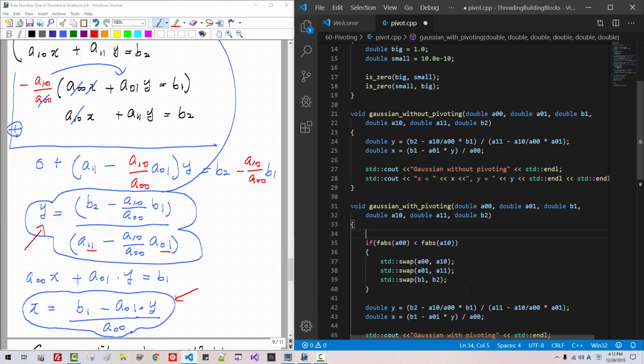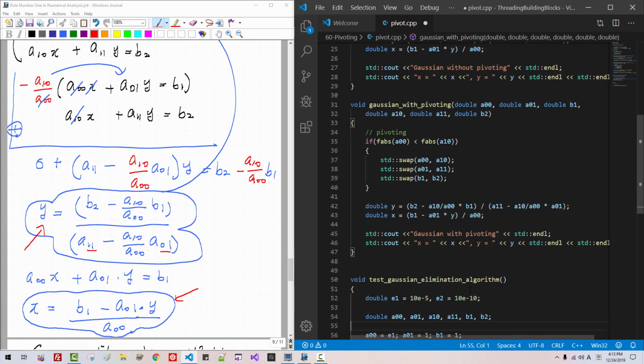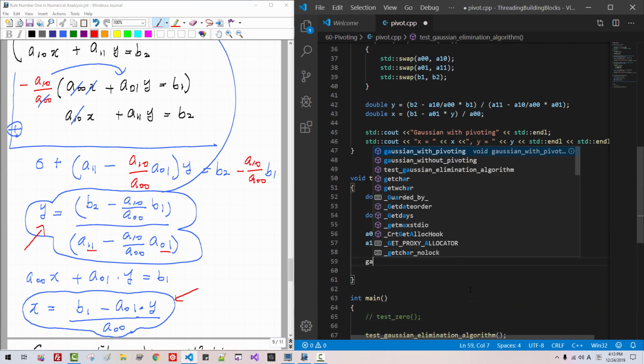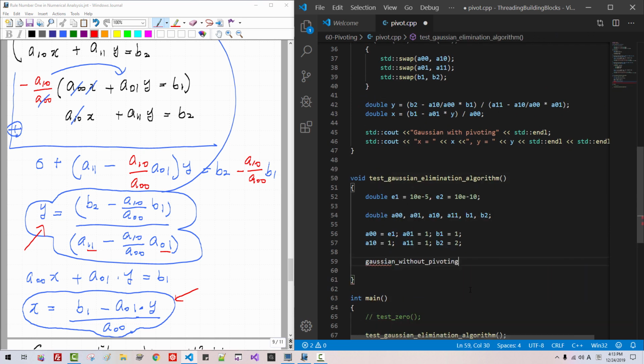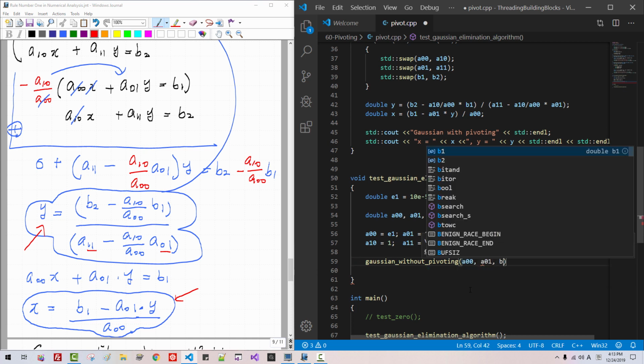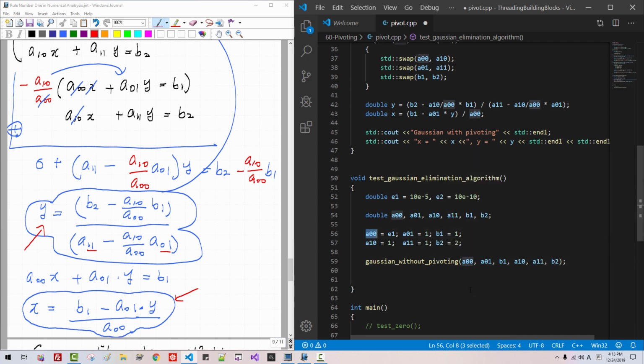This is pivoting. Now here, Gaussian without pivoting with A00, A01, B1, A10, A11, B2.